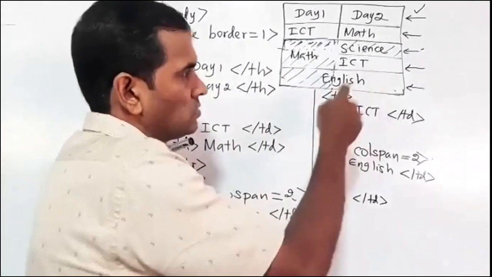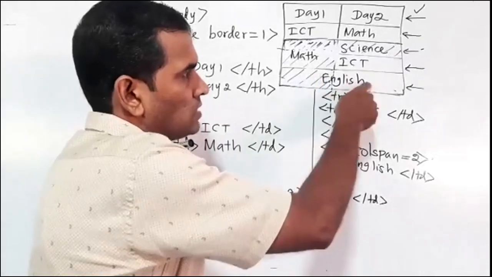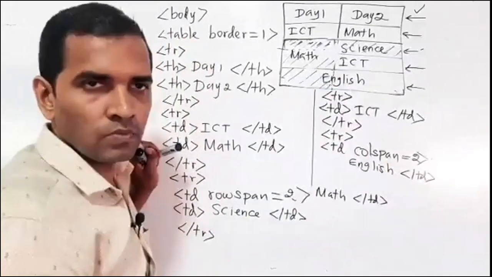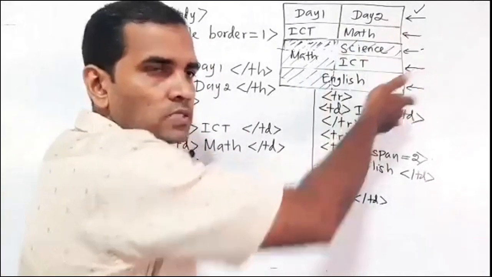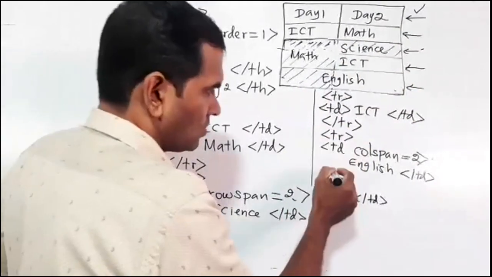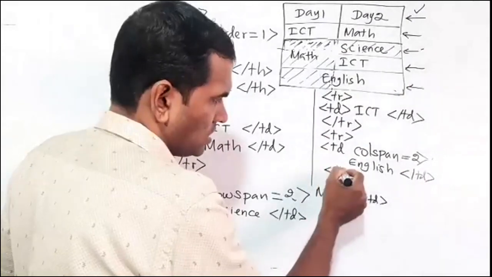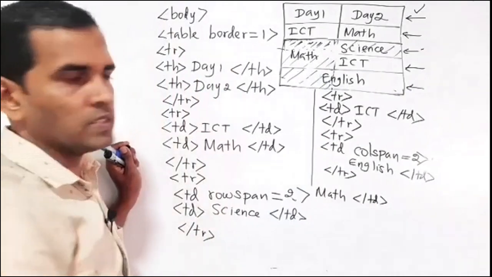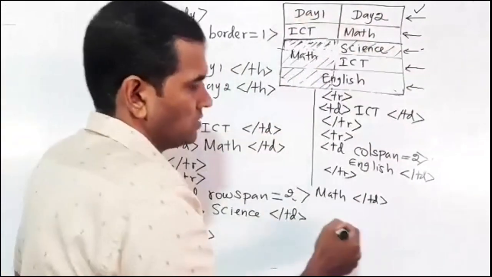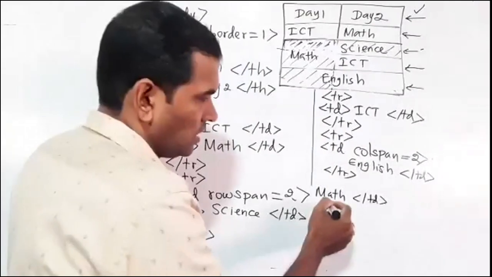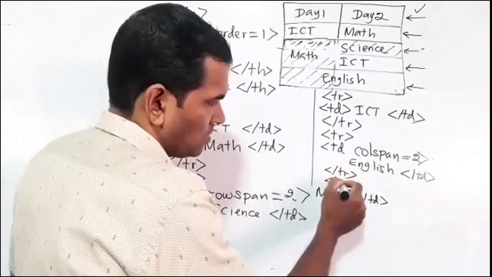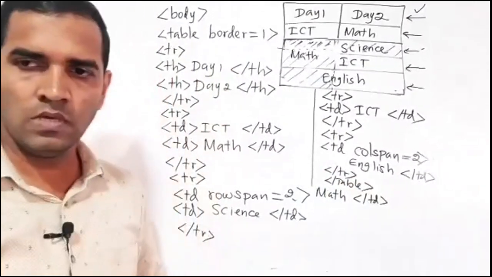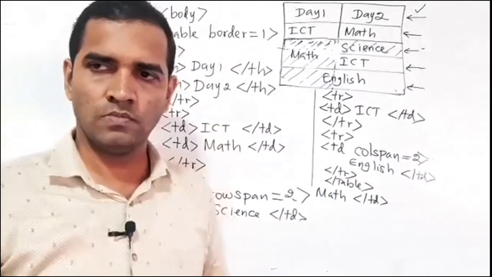In the last row, we have 2 cells, this one and this one, but both of them are created now. So there are no other cells. So close the TR now. Okay, all the cells are created, so all the rows are created. Finally, close the table.